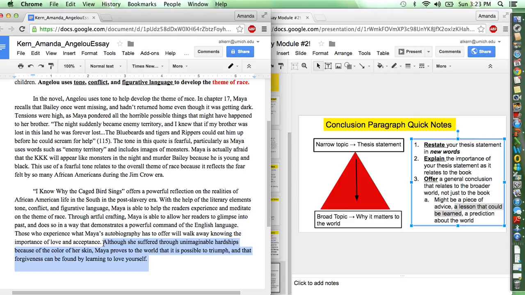So this last sentence relates my essay to some really big ideas that relate to everybody in the world.